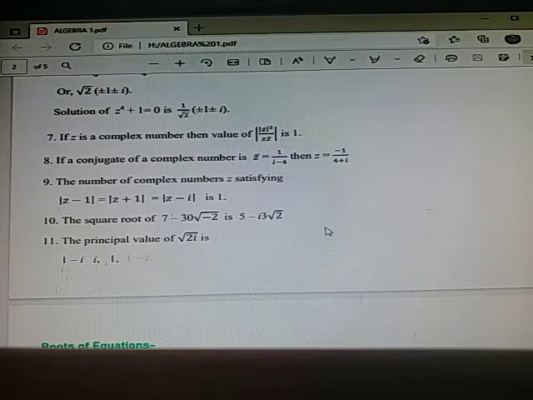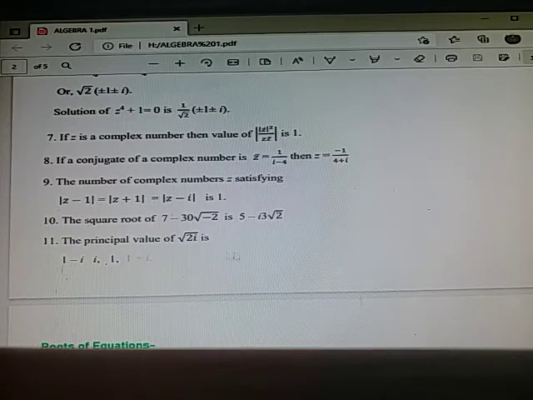Just like in trigonometry, we consider only one value, the minimum positive value or acute value. So here also the principal value is only the positive.